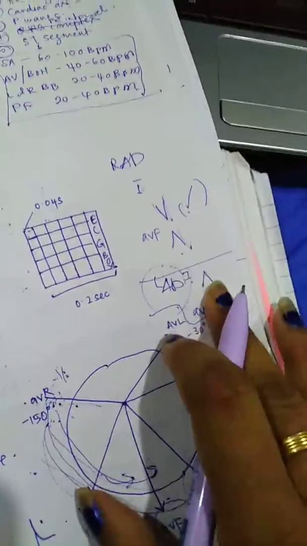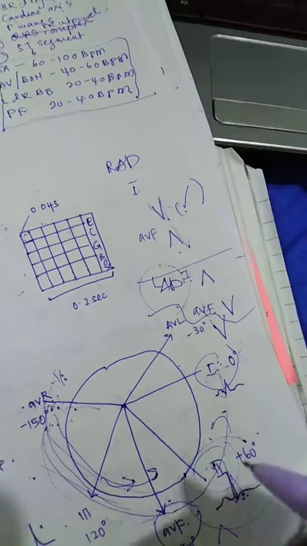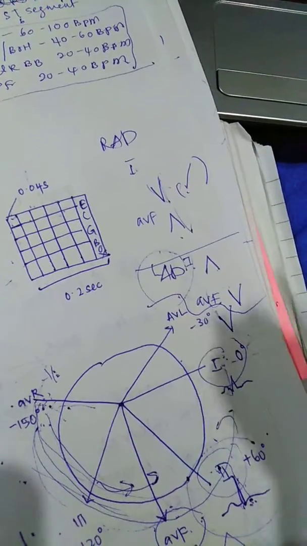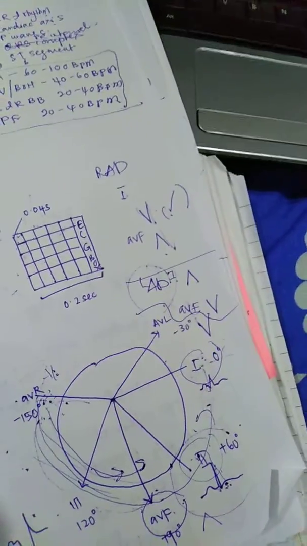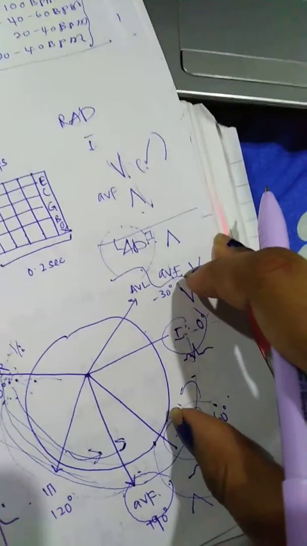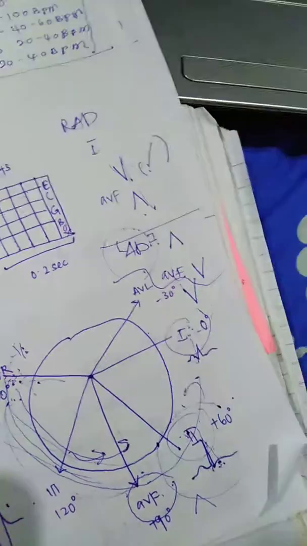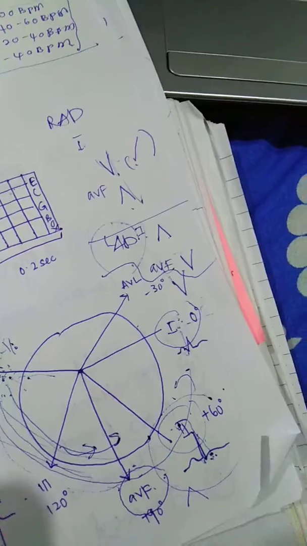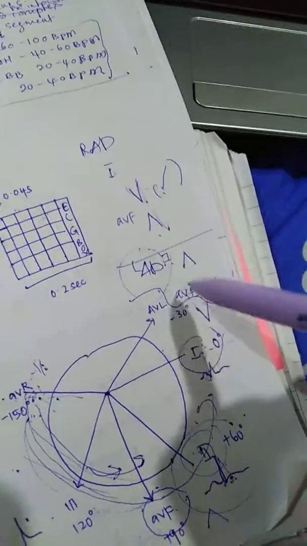So these are a few causes of right axis deviation, and left axis deviation is just the opposite. In right axis deviation you see them both kissing each other. So this is RAD. In the case of LAD, you see them moving away.